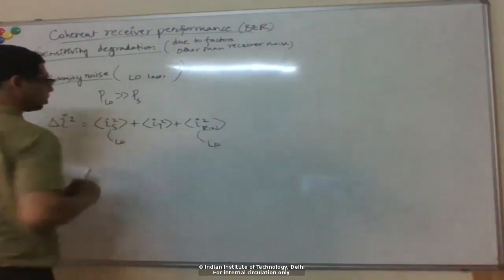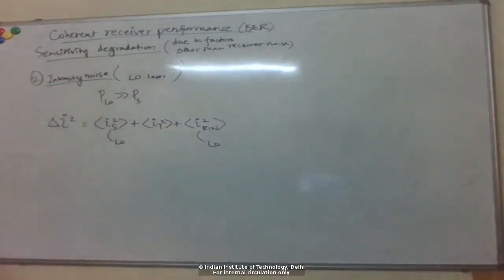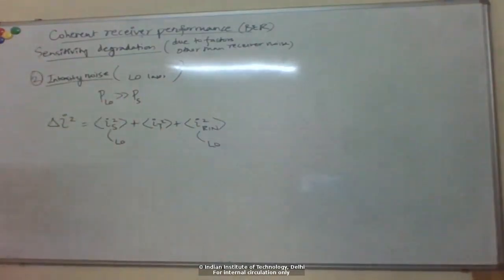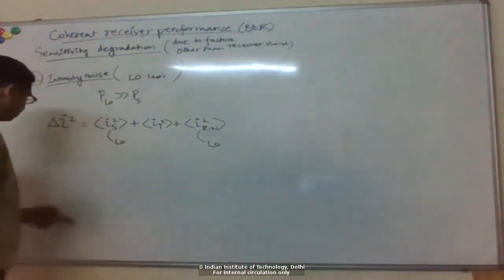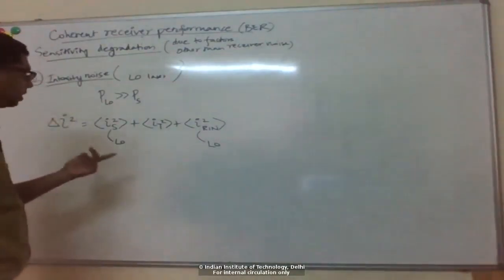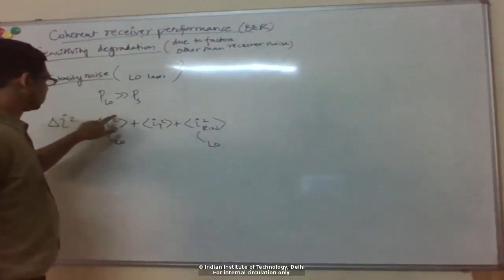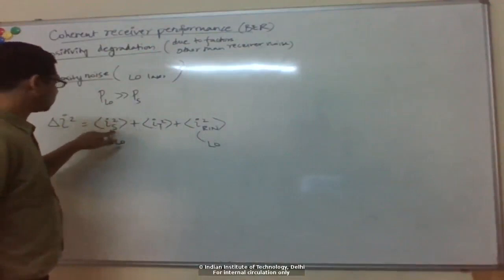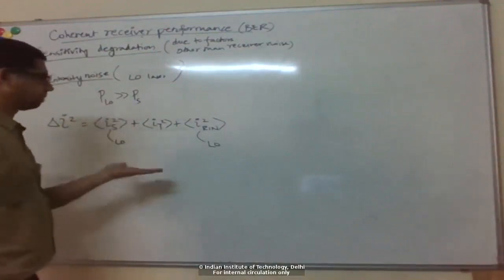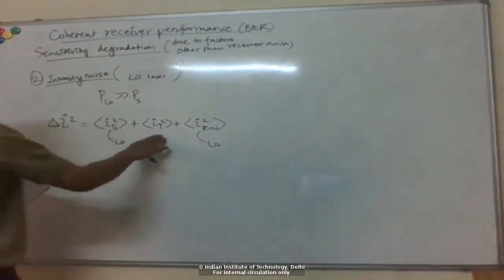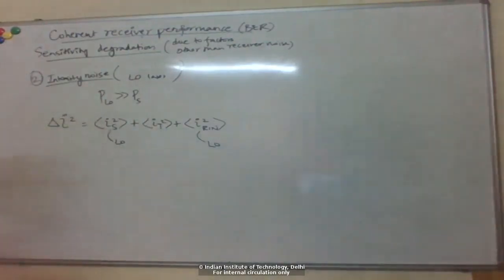RIN noise will also come from the local oscillator. Okay, thermal noise doesn't depend on either the optical power or the local oscillator power. And typically, the shot noise is much bigger than the thermal noise because we use a high local oscillator power. But just for a complete analysis, we can keep the thermal noise current also.